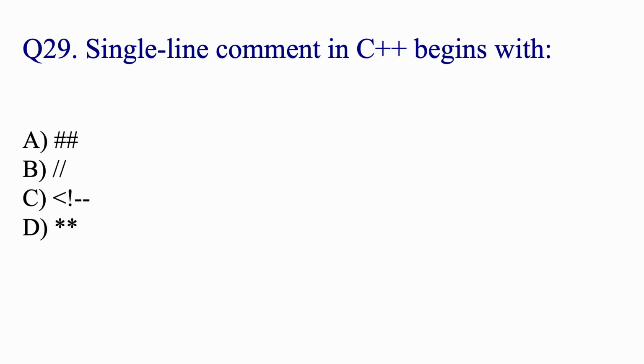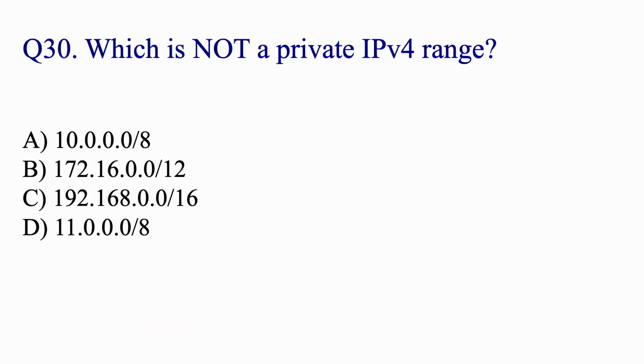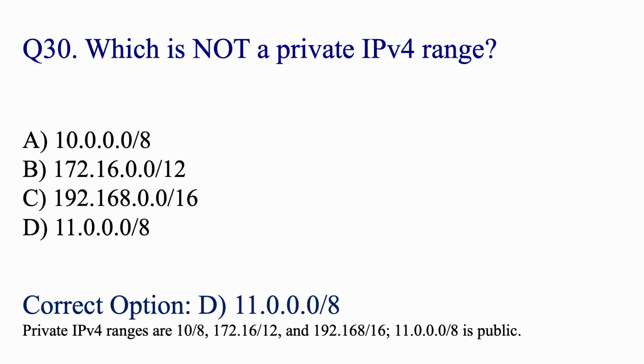Single line comment in C++ begins with double forward slashes. Which is not a private IPv4 range? 11.0.0.0/8. It is a public IPv4 range, while the remaining are private IPv4 ranges.